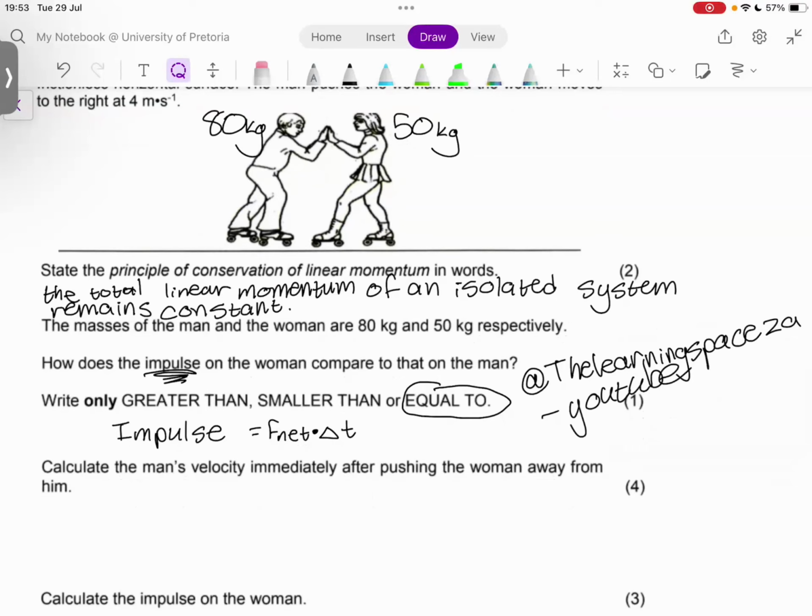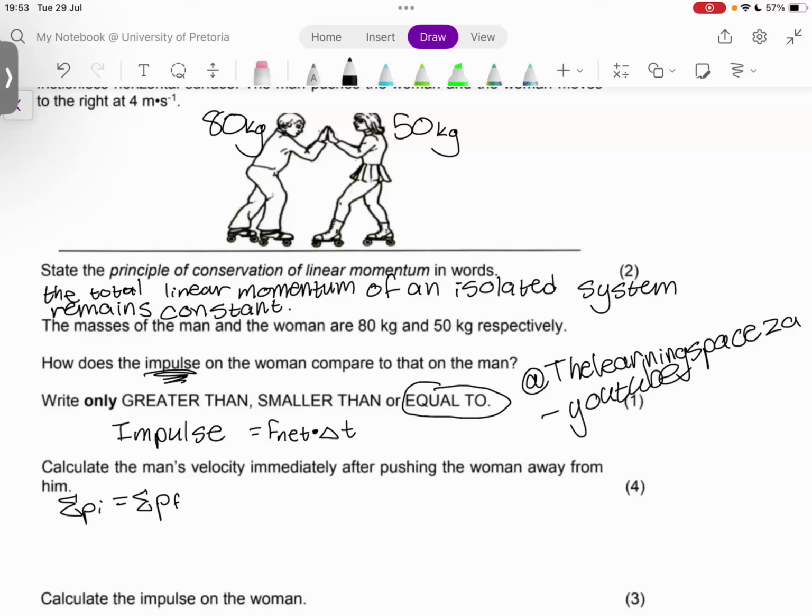Let's write down the formula. That is the sum of all initial momentum is equal to the sum of all final momentum. Let's expand the formulas.